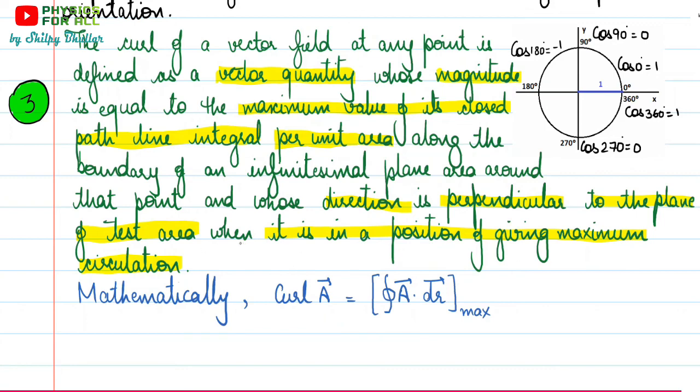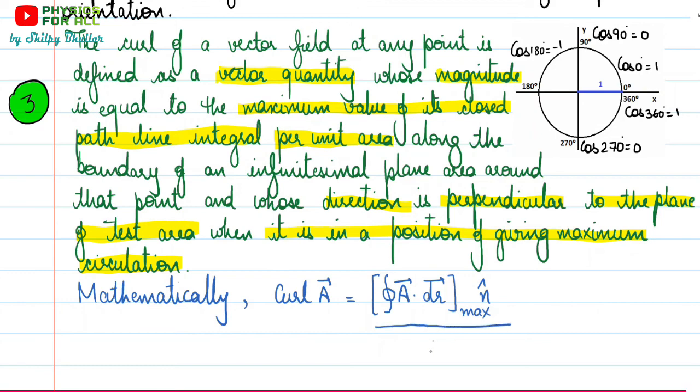And we know that if we have an area, then the direction perpendicular to that area is n cap. We know the unit vector is always defined perpendicular to the surface that we are considering, perpendicular to the plane of test area when it is in a position of giving maximum circulation.